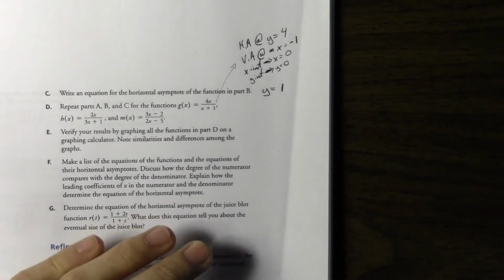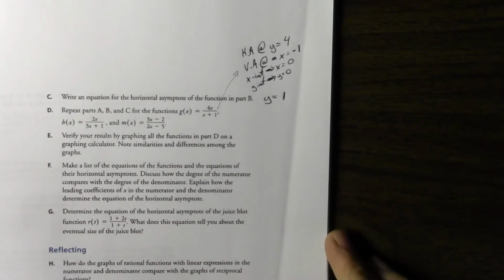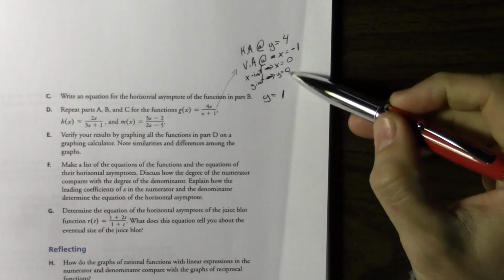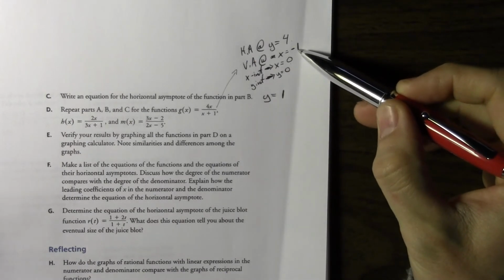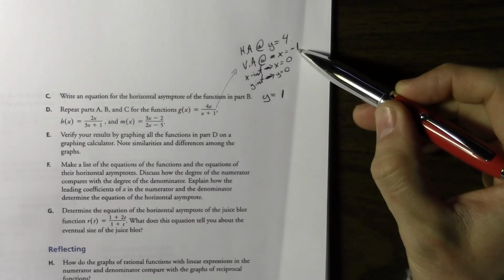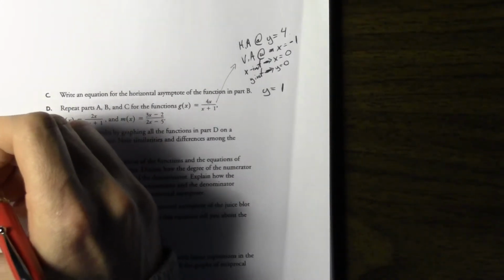The only one that really takes a long time is the positive and negative intervals. You have to set up that table. And you use the x-intercept as well as the vertical asymptote x values to determine your ranges.